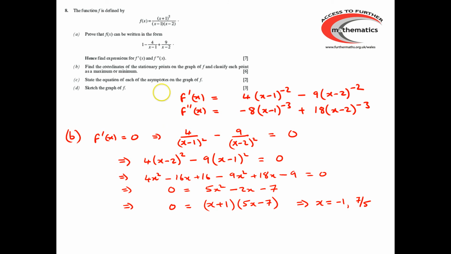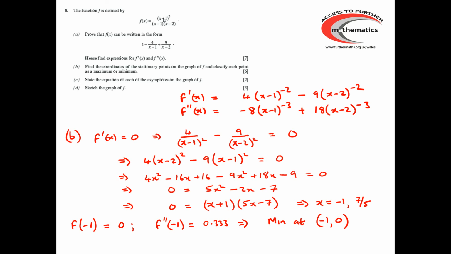If x is minus 1, then we have f of x is going to be 0. The second derivative when x is minus 1 is positive, so we obtain a minimum at (minus 1, 0).